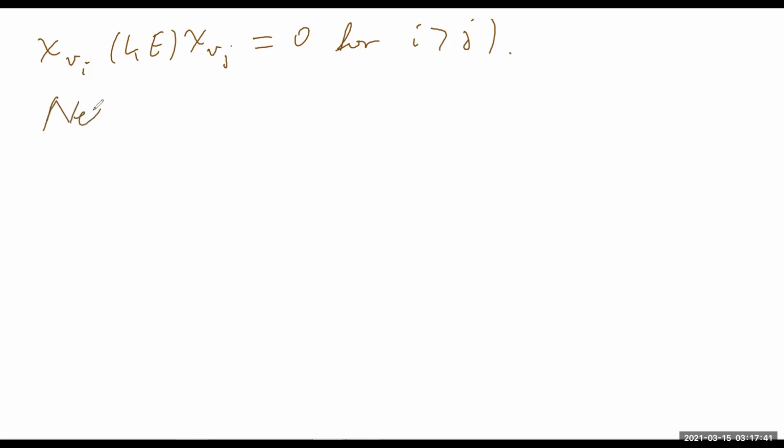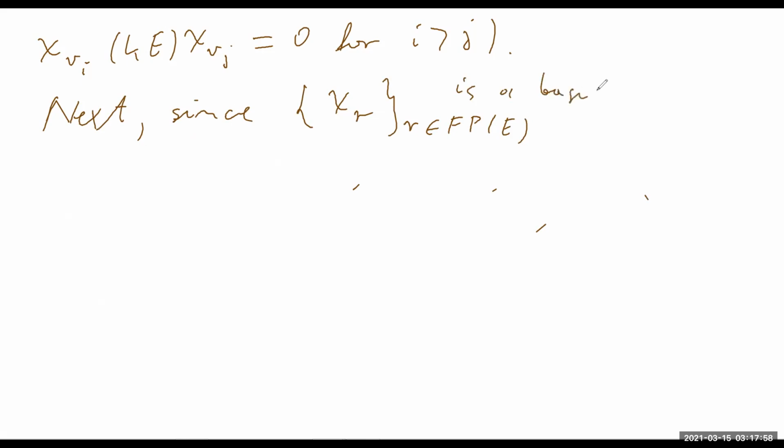Next, observe that since chi's give me a basis of a path algebra, we have the following direct sum decomposition. And this is not a decomposition of algebras, okay? This is the decomposition in the sense of vector space.